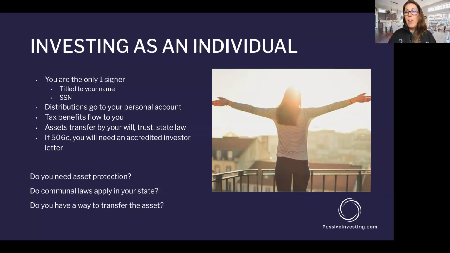Now, if you're a 506(c) accredited investor going into a 506(c) deal that requires all investors to be accredited, you're going to need what we call an accredited investor letter. You can go to a place like parallelmarkets.com to get a free letter. It's an online platform we use for a lot of our deals.